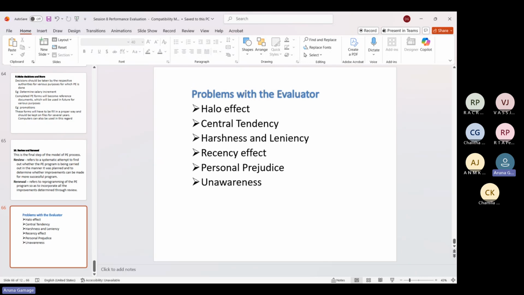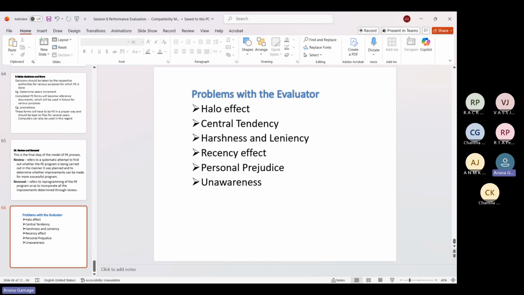Okay, one of the problems is the halo effect. This is a serious problem. If the halo effect is taking place, you can't expect good evaluation from employees. This problem comes up in selection too. What is the halo effect? In Sinhala, we call it halo palaya.